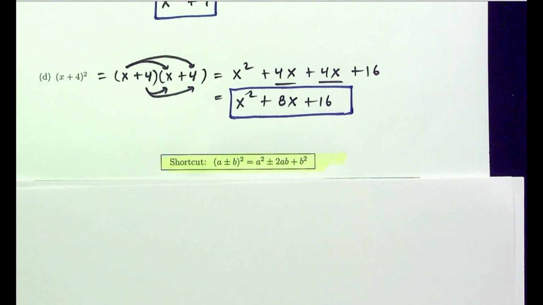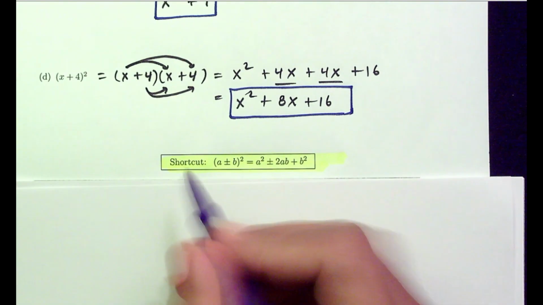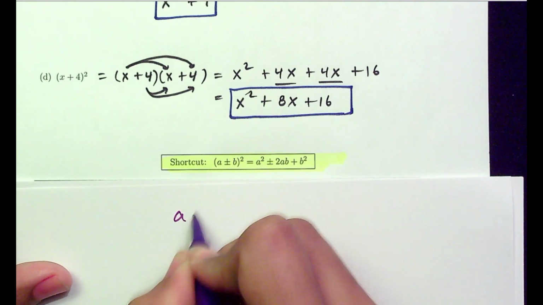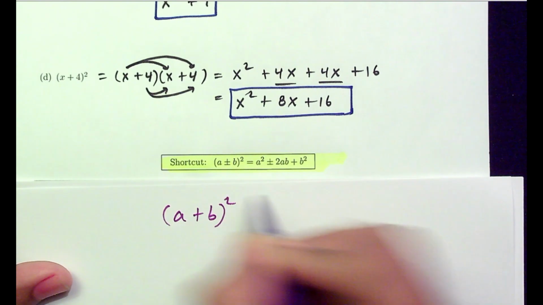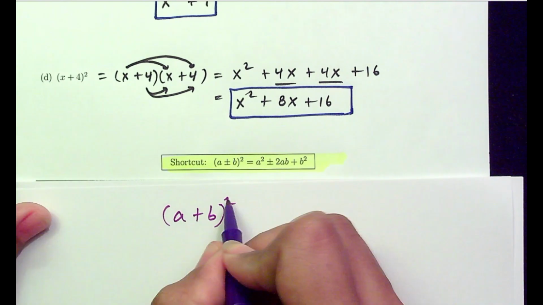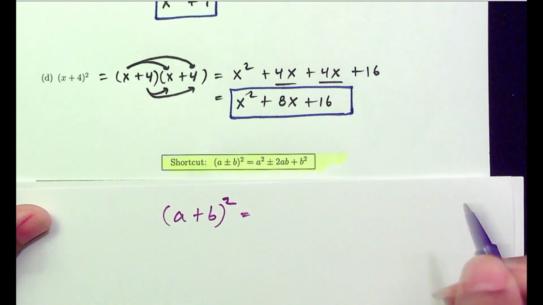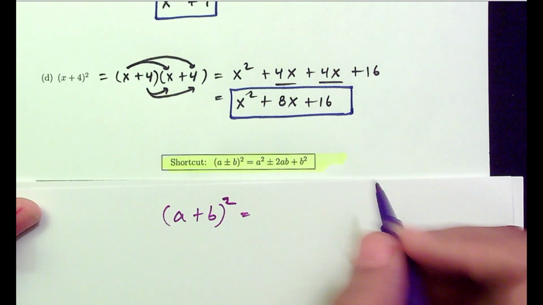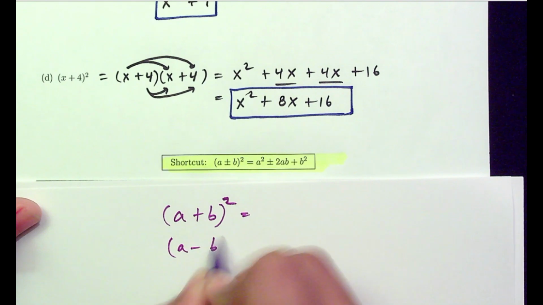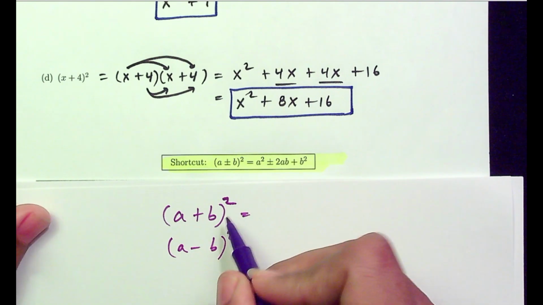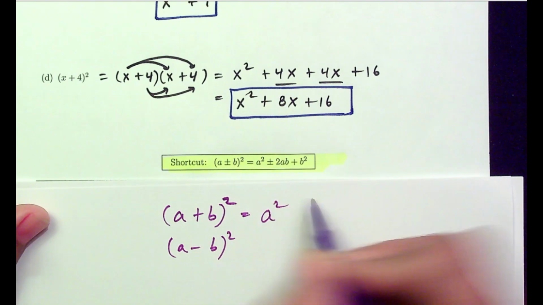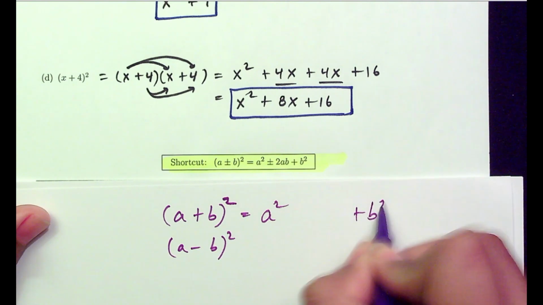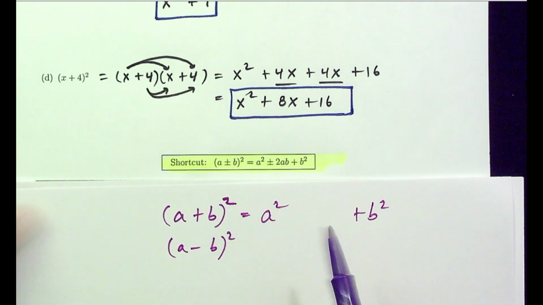that has two terms like this one, let me start by doing the plus version first. The minus version is really the same thing. So you have to square the first one, and you're going to square the second one. So a squared plus b squared.